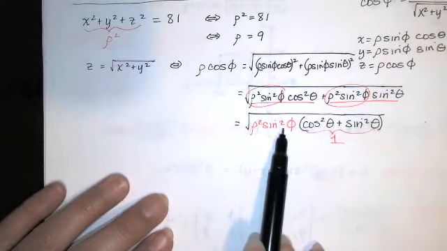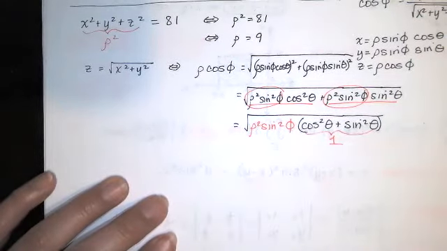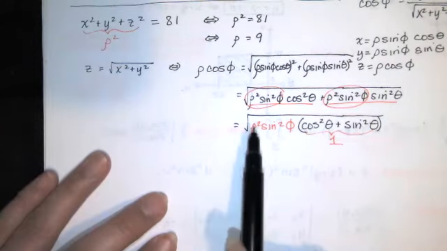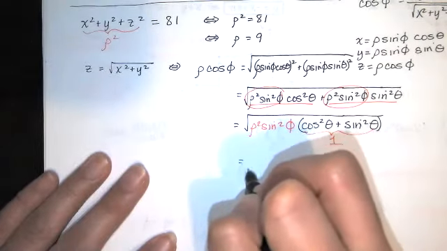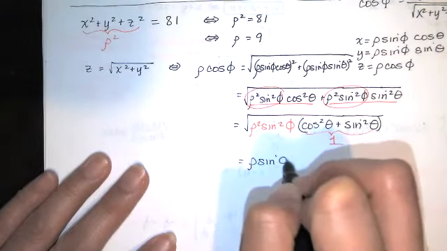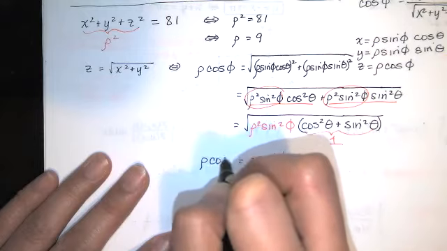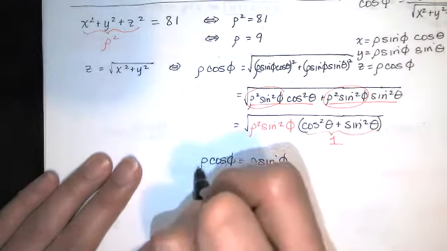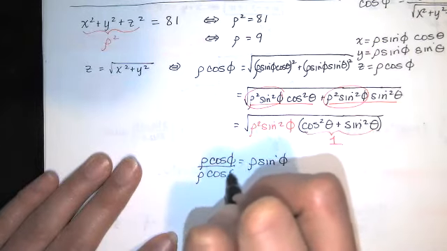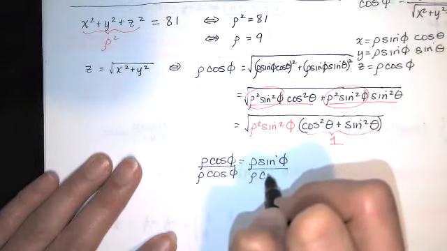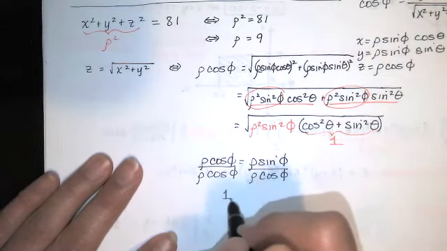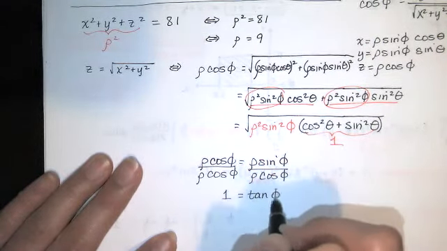And I've got two perfect squares, and phi is always between 0 and pi, so this is always non-negative. So we can take the square root of each of these pieces separately, and we get rho sine of phi equals rho cosine of phi, excuse me. If we divide both sides by rho cosine of phi, we get 1 equals tangent of phi.